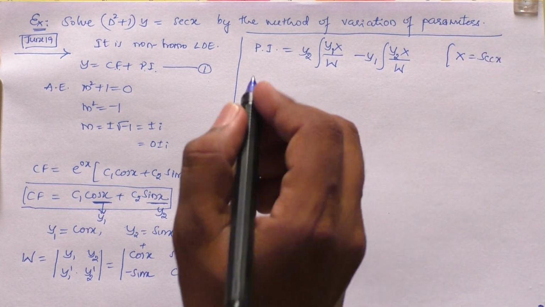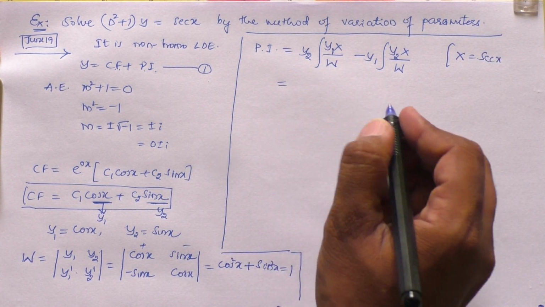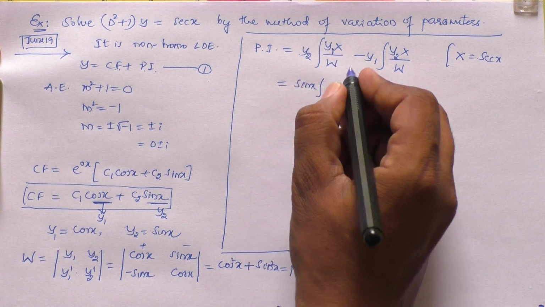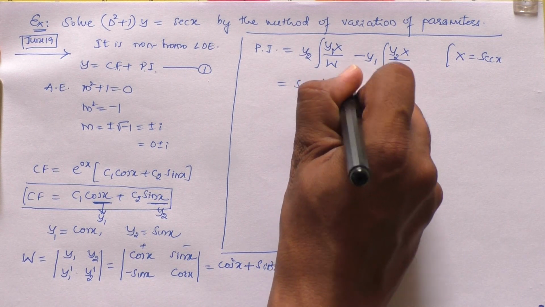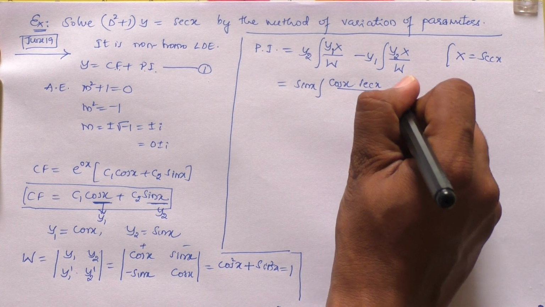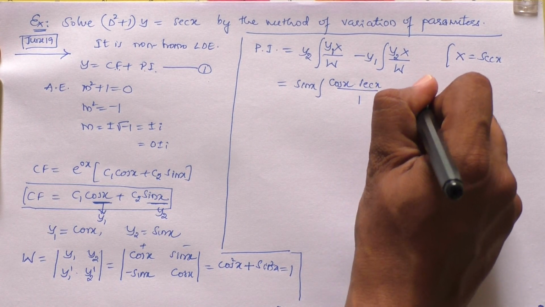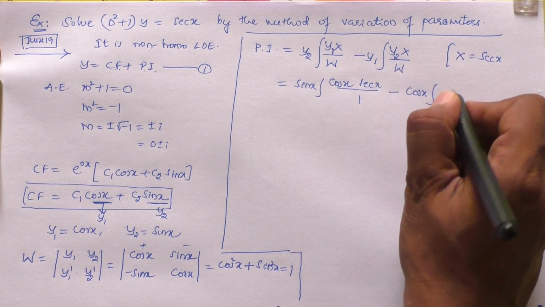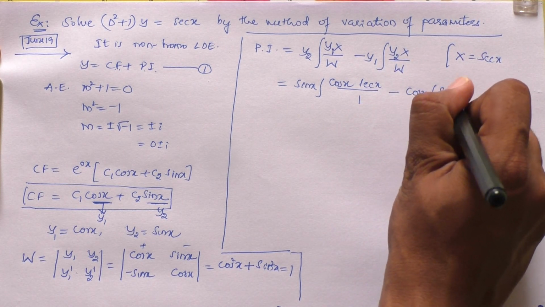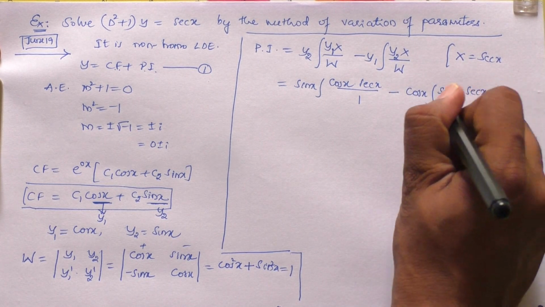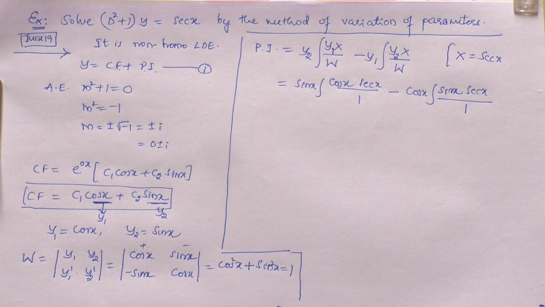So PI is y2, sin x, times the integral of y1 X by W, cos x times sec x divided by 1, minus y1, cos x, times the integral of y2, sin x, times sec x divided by W, which is 1.